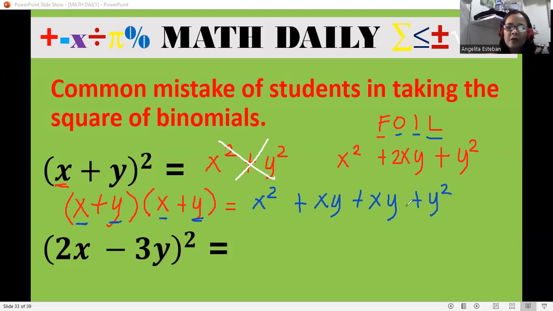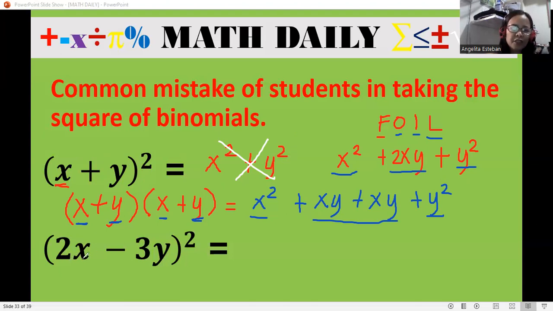So again, we are going to get x squared, then the sum of xy and xy here, which is equal to 2xy, and of course your y squared. So this is the correct product, or the correct expansion, of x plus y raised to the second power. Again, x squared plus y squared is a big no-no.